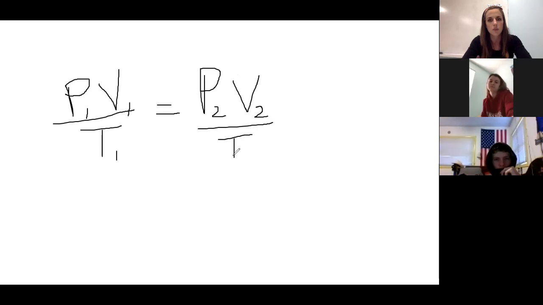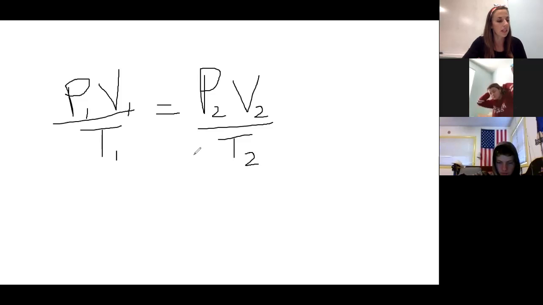So this right here is the combined gas law, and this is the equation that you need to memorize. And you'll see that at the bottom of page 391 there. All right, any questions on the combined gas law so far? No. Okay, cool. All right, we'll memorize that.